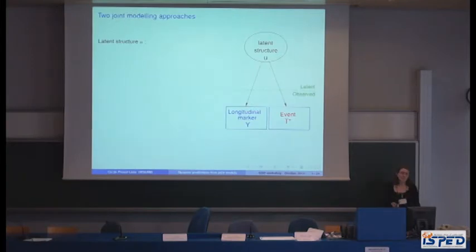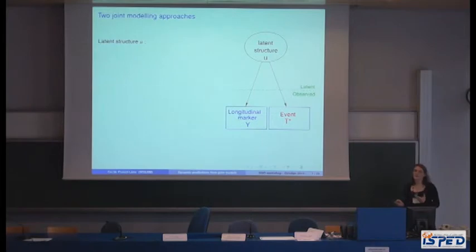So, the joint models. You had a very good introduction with Dimitris, and I will take a slightly different way to introduce that. We have a longitudinal biomarker that we are interested in, and we have a time to event. Those two processes are linked, they are correlated.